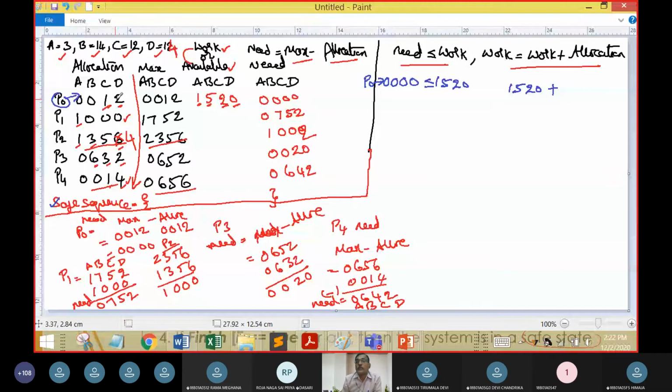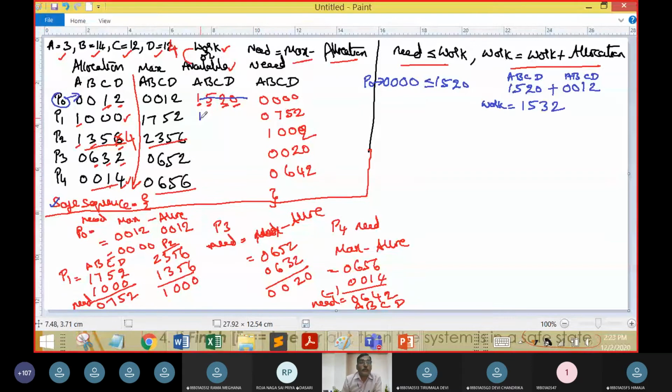So work is now 1 instance of A, 5 instances of B, 3 instances of C and 2 instances of D. This is what we are going to expect from the new matrix. So we can write 1 5 3 2.